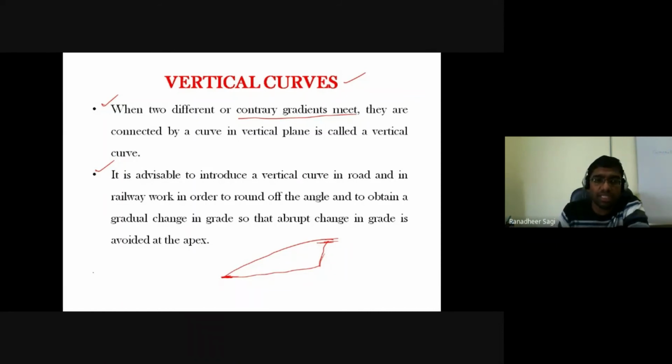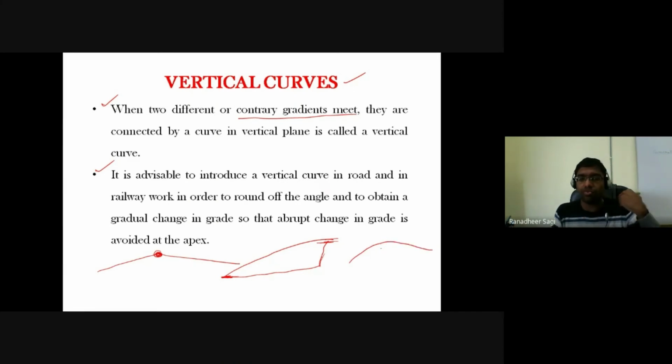Sometimes you might find some slope of the ground like this, and somewhere another slope like this. You cannot have a sudden change in the slope or the curvature of that particular slope in the vertical plane. If it is increasing, let it increase, and if it is decreasing, let it decrease.